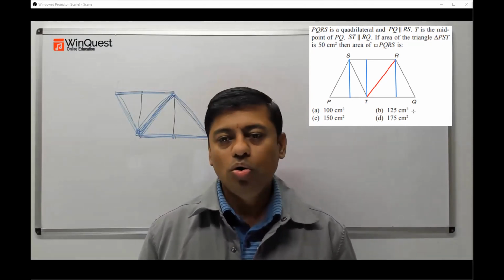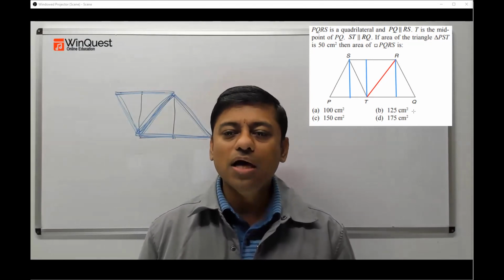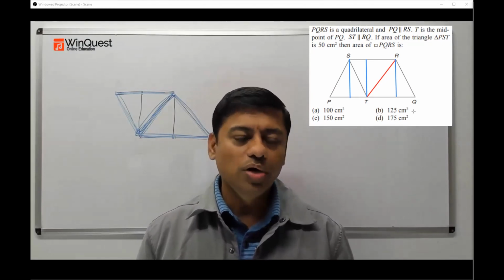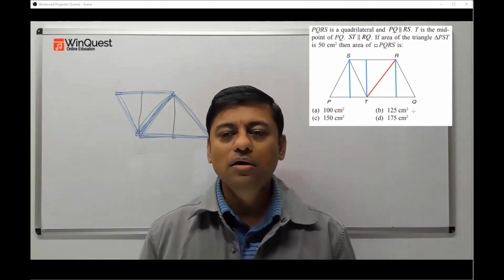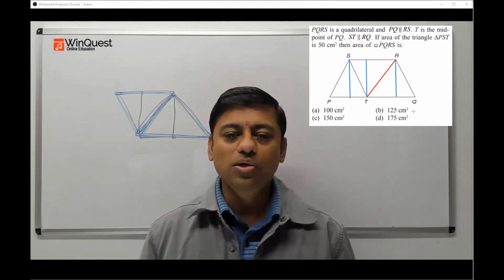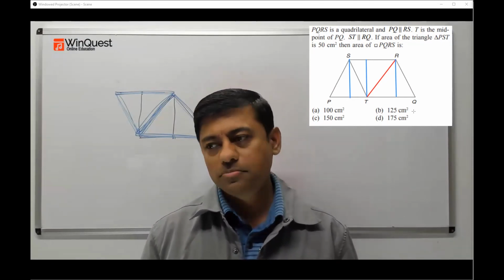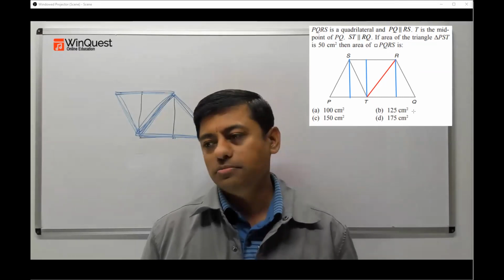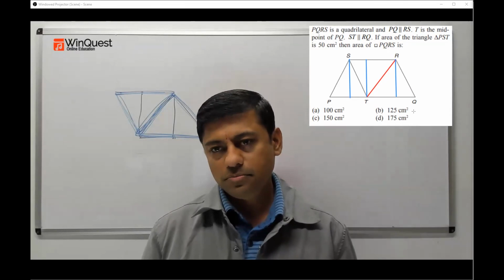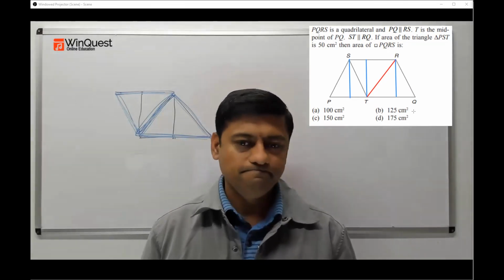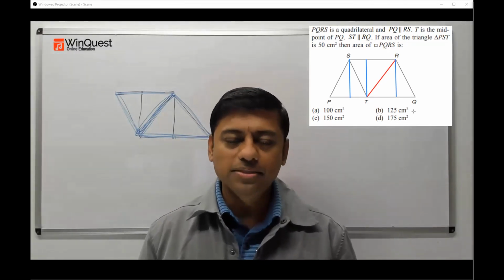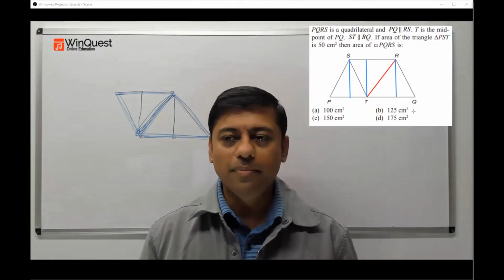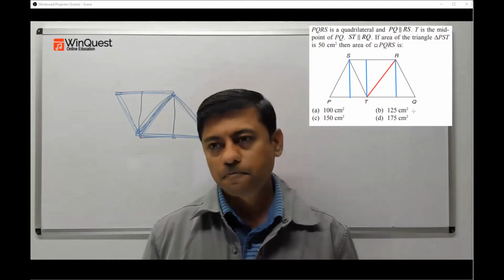So SRQT, I repeat, SRQT, is a parallelogram. A parallelogram has opposite sides equal. Am I making sense, Meenakshi? Yeah, thank you, sir.